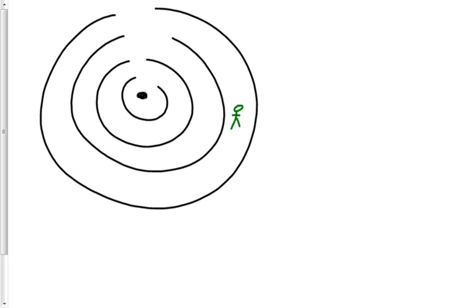But what happens if you are moving towards the fire truck? You're not going to hear compression, compression, compression, compression. You're going to hear compression, compression, compression, compression. The speed of the wave is still the same, right?